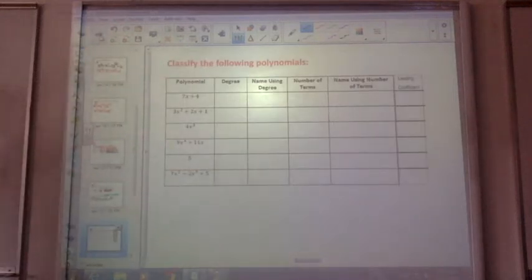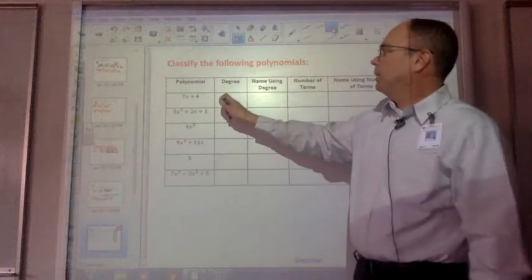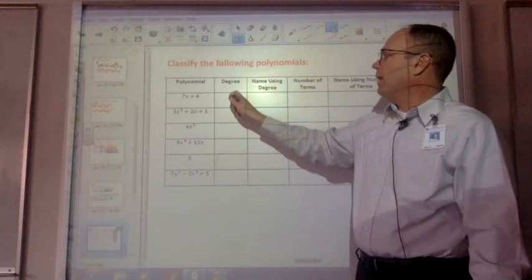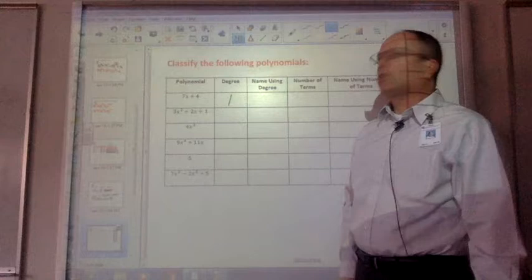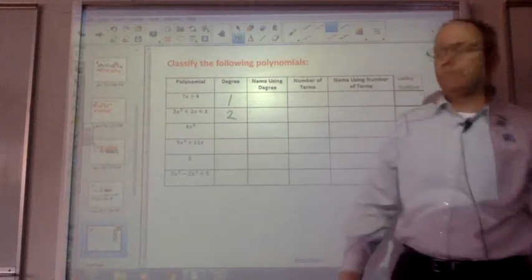All right, so let's take a look. 7x plus 4. What degree is 7x plus 4? What's the highest exponent? 1. Second problem, what's the highest degree on the second one? 2. What's the highest degree on the 3rd problem?